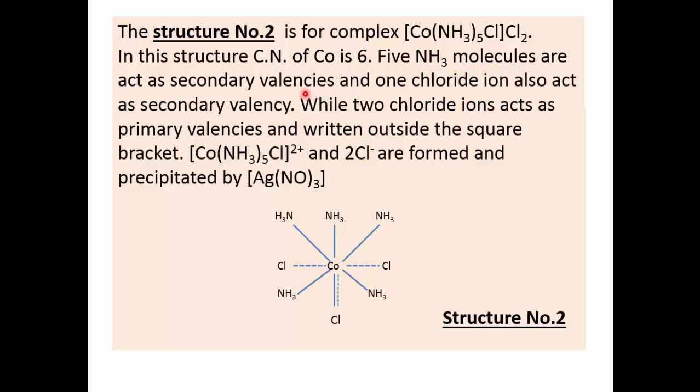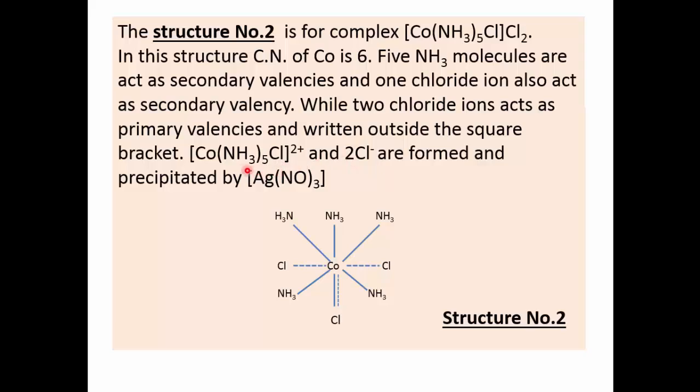They act as secondary valencies, and 1 chloride ion now present inside the square bracket also acts as secondary valency. While 2 chloride ions are present outside the square bracket, and therefore they act as primary valencies. Got it? They are ionizable. This formula produces these 2 types of ions.